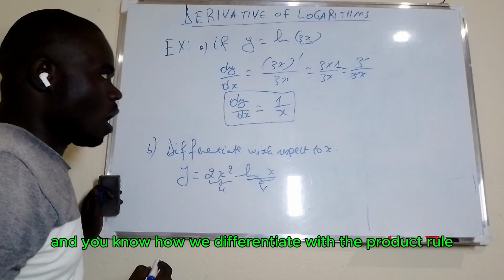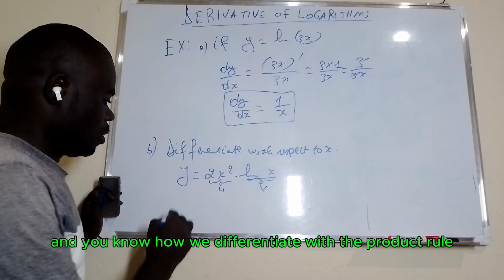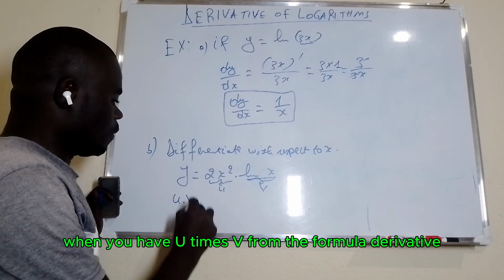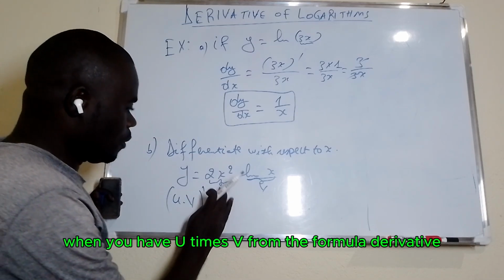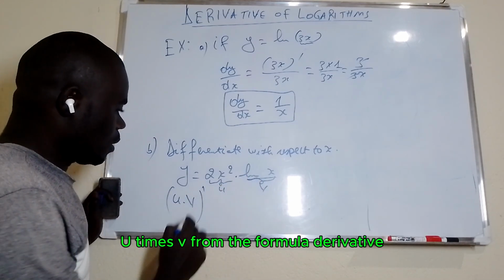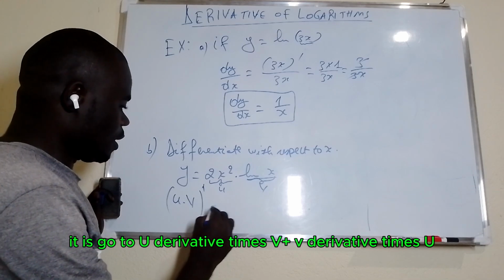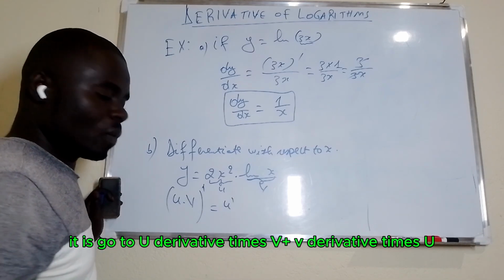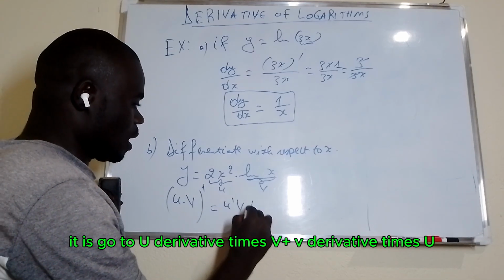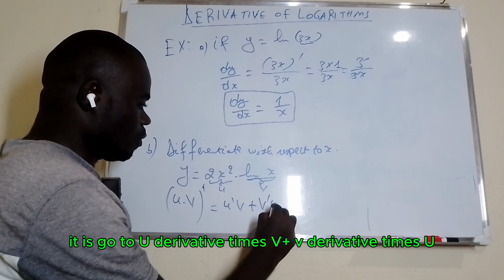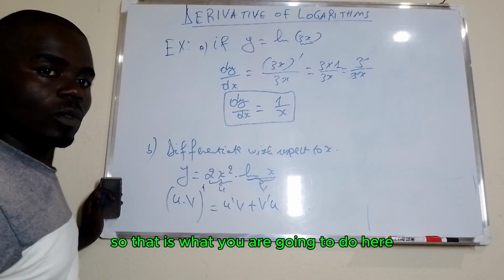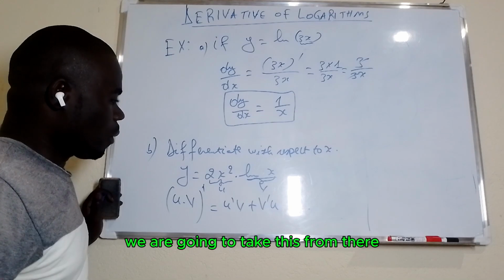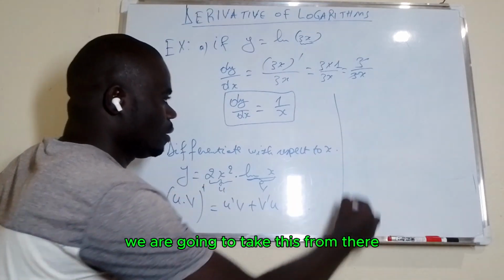And you know how we differentiate with the product rule: the derivative of u times v is equal to u derivative times v plus v derivative times u. So that is what we are going to do here.